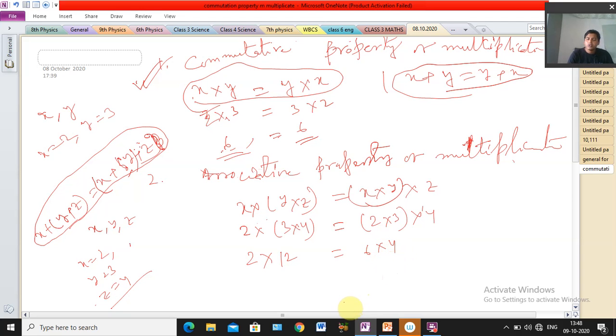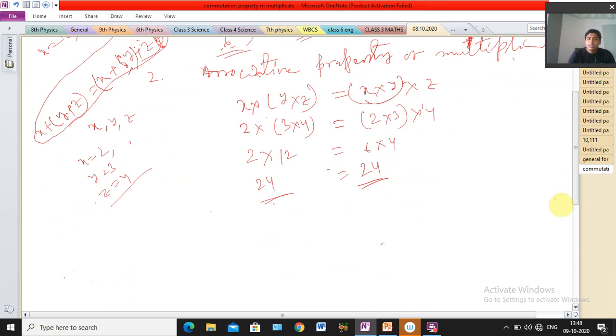Now 2 into 12 is 24, and in the right hand side also we are getting 6 into 4, 24. The same thing is coming on the left hand side as well as the right hand side. So our property is correct. Associative property of multiplication is satisfying. So x into in bracket y into z equal to in bracket x into y into z, that is the associative property.